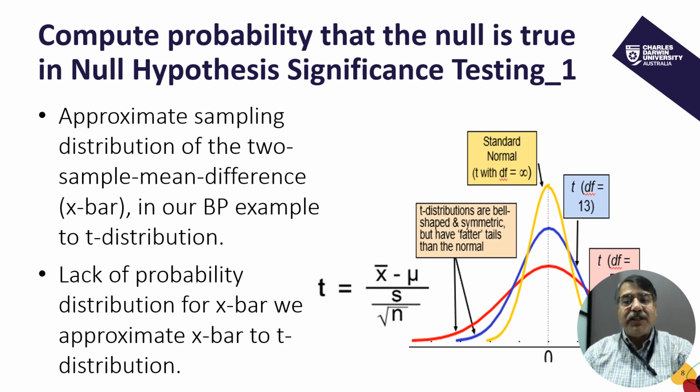So distributions are no more infinity, distributions are based on the sample size. In case of the blue, the sample size was 14 and the degrees of freedom thereby is n minus 1. N is 14, minus 1 is 13.